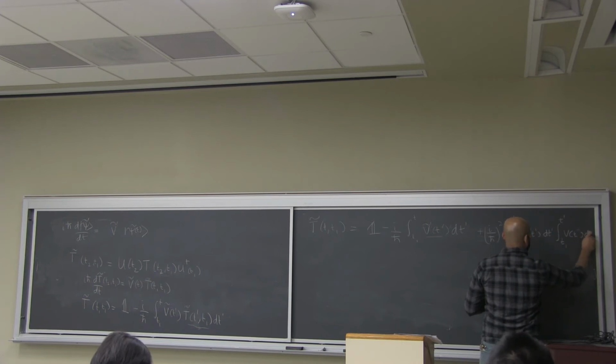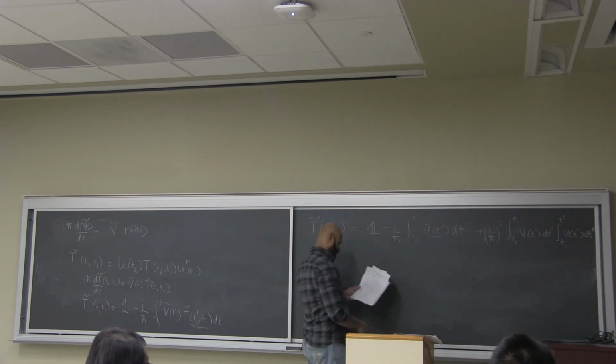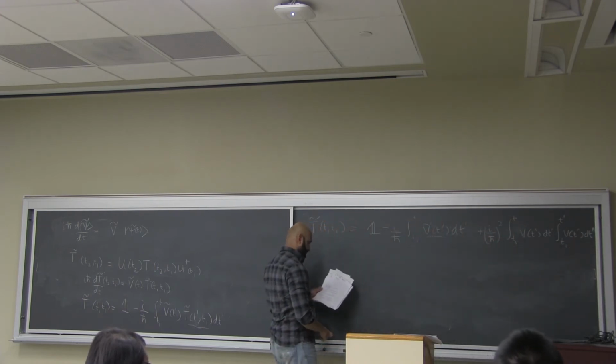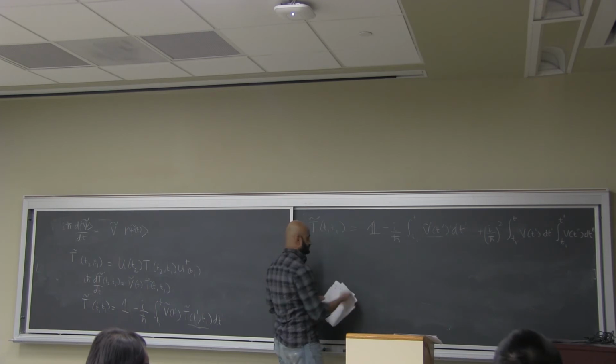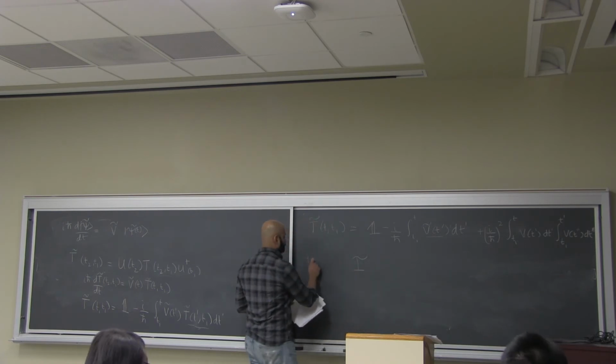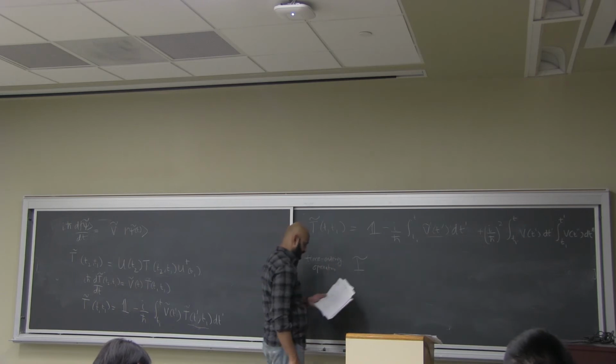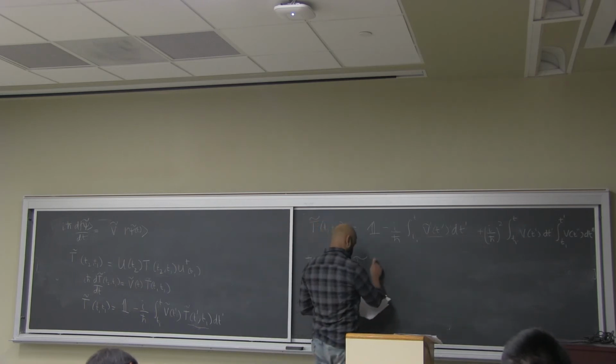And I might start dropping the tildes after a little bit, just because it becomes painful to keep writing. So formally, we can write the solution to this using something called the time ordering operator. Again, you may remember this from grad quantum. The time ordering operator is the most general solution to a time-dependent problem.